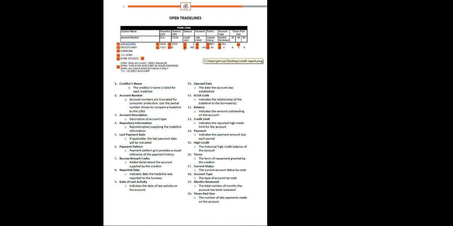So 17 is 01, which means it's in good condition based off of that. And then the account type, number 18, is the type of account or code, and that's where the revolving comes from. That's what it is, revolving debt.